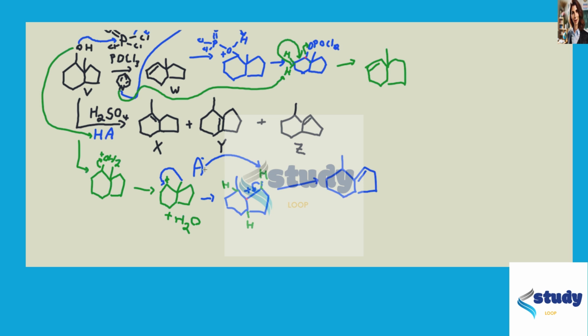Alternatively, this A minus can pick up this proton to form an alkene over here. And this forms a tetra-substituted alkene, which is more stable and going to be a major product compared to this tri-substituted alkene. Or lastly, you can pick up this proton here to form the alkene over there.